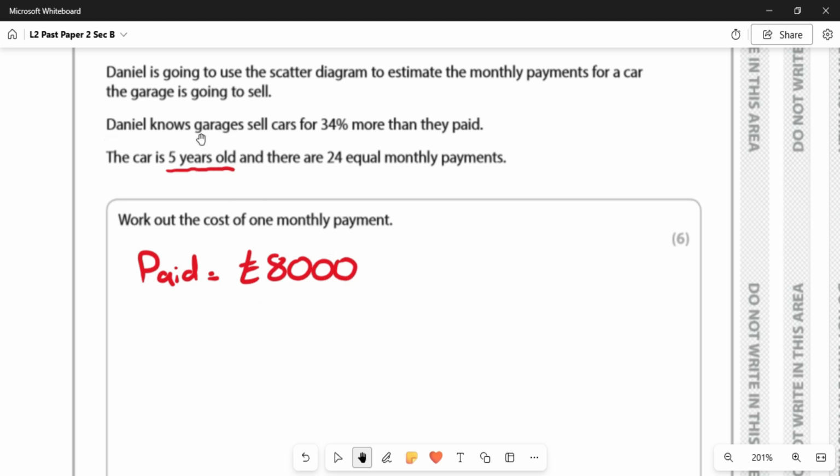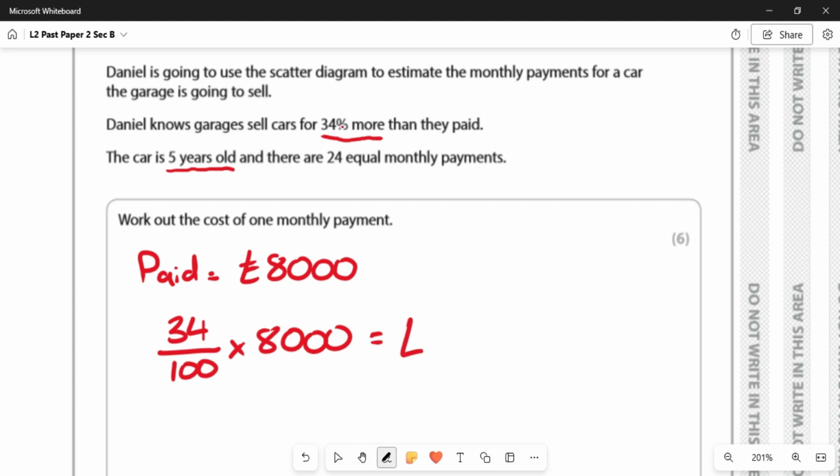So Daniel knows garages sell cars 34% more than they paid. So we need to do 34% of 8,000. Let's do that on the calculator. 34 divided by 100 times 8,000 gives me £2,720.